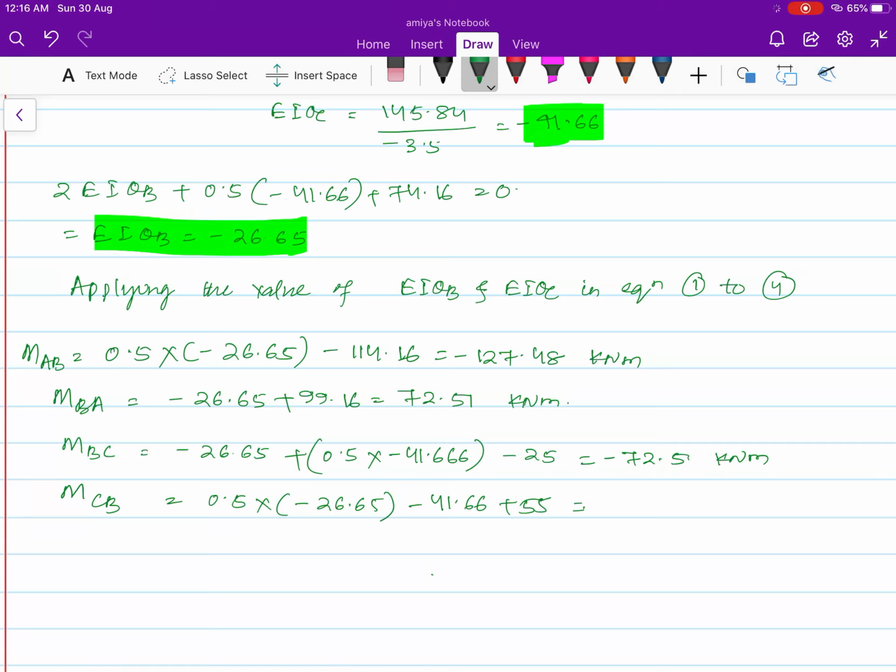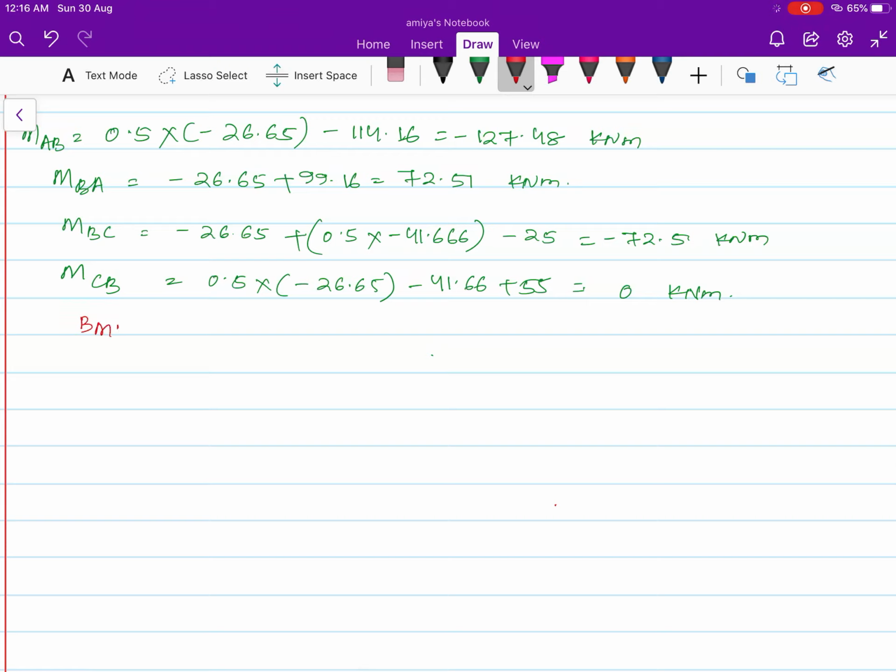This comes to 0 kilonewton meter. So we calculated MAB, MBA, MBC and MCB. Now we'll draw the bending moment diagram.